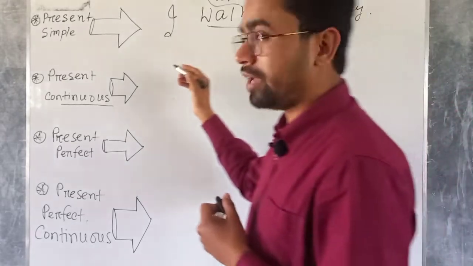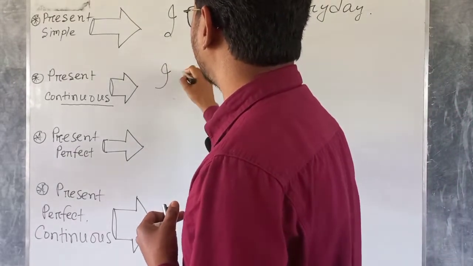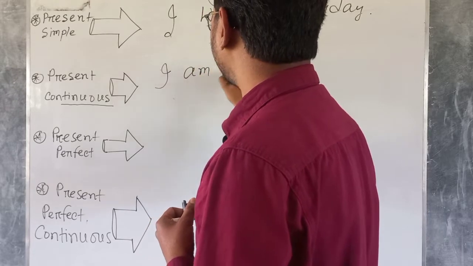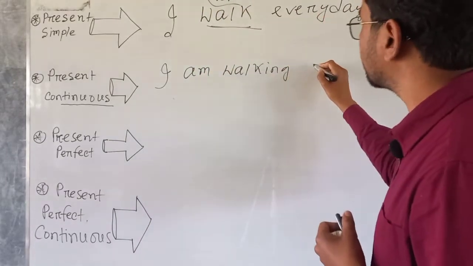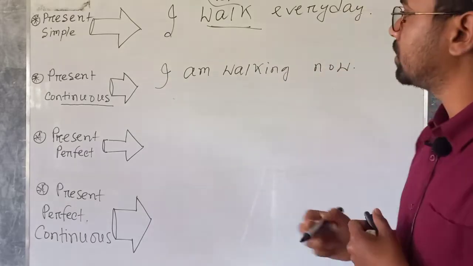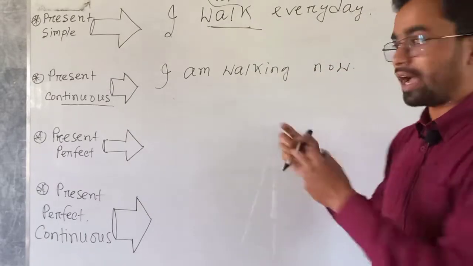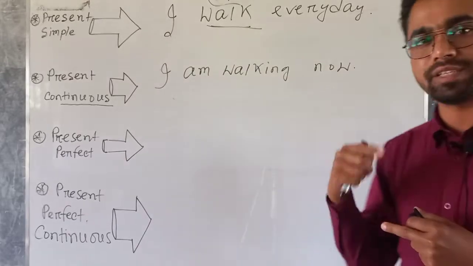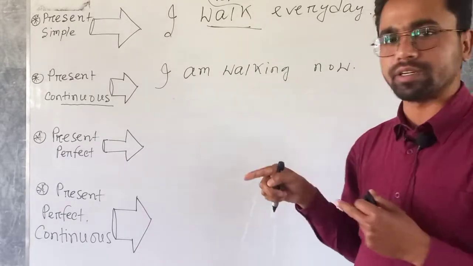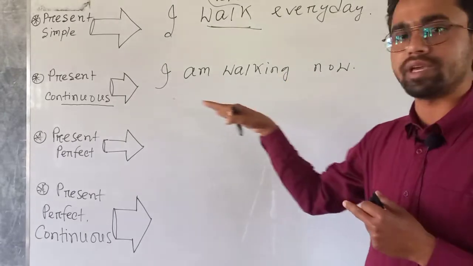Okay, let me write it down on the board. I am working now. Look at the sentence I have written: I am working. After reading the sentence, it is clear the work is going on.